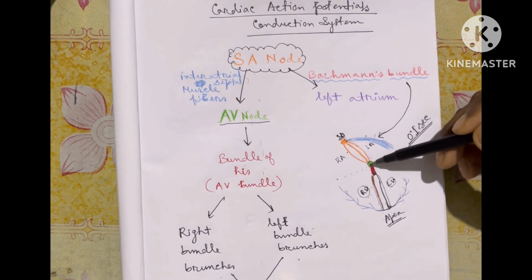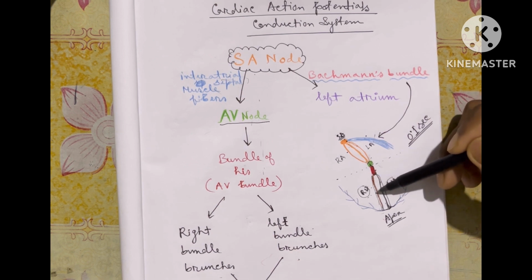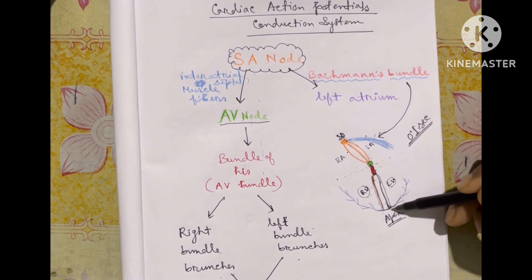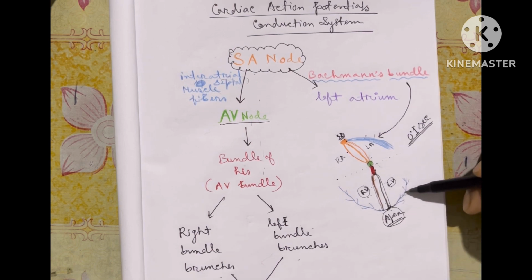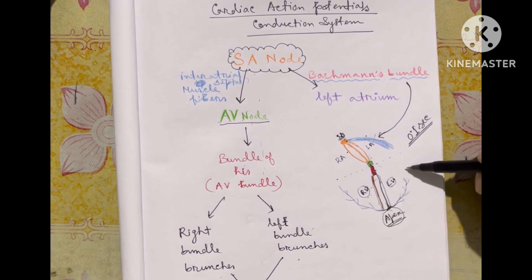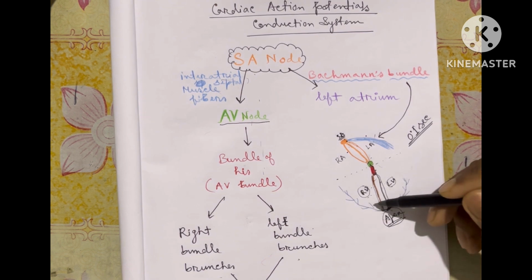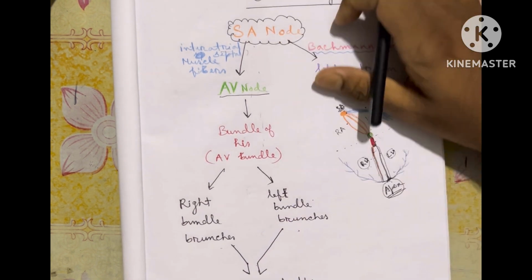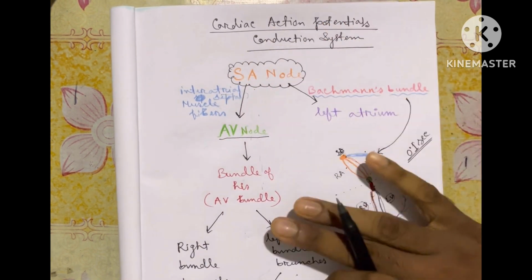Then the AV node transfers the signals to the bundle of His. Then the bundle of His transfers those signals towards the left and right bundle branches. Then the left and right bundle branches, when they reach the apex of our heart, deliver the signals towards the left and right Purkinje fibers. So this is the overall electrical conduction system of the human heart.